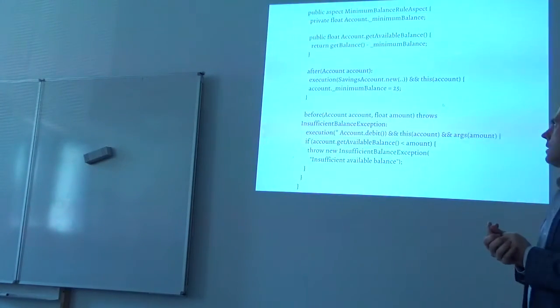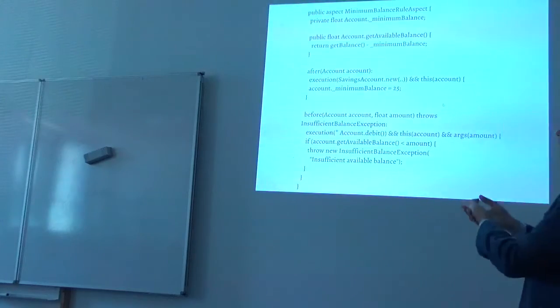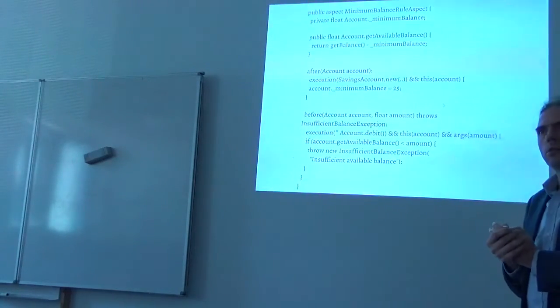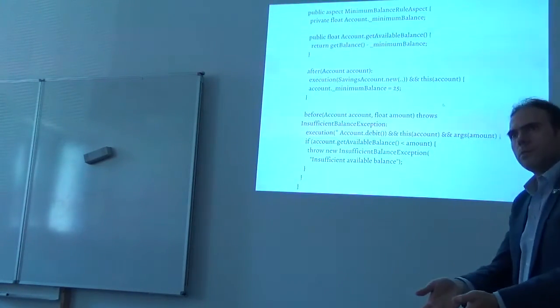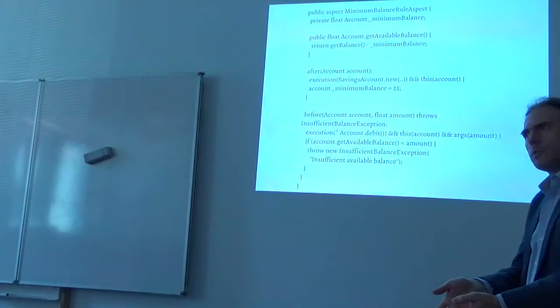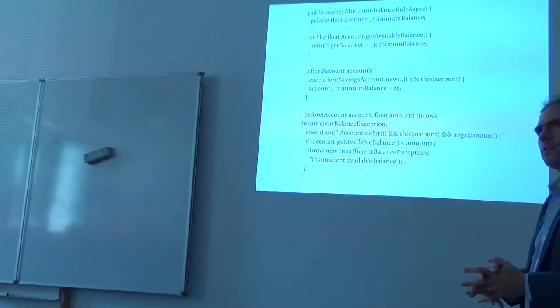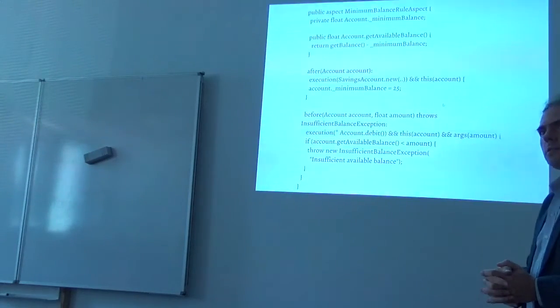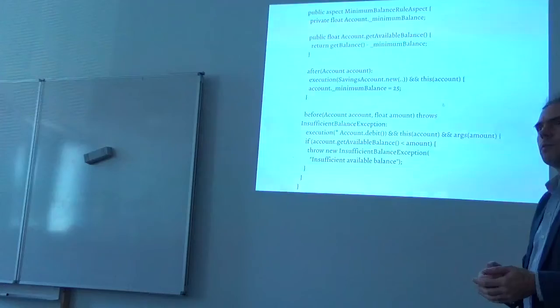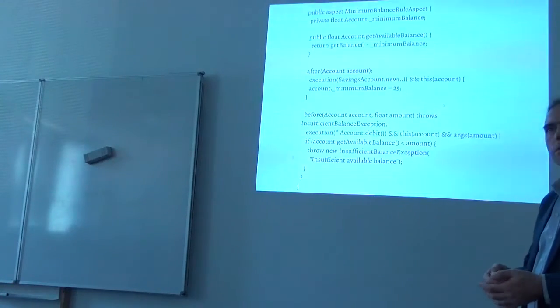The other thing is that how do you know this aspect is applied to your code? You don't see it in the code that is being affected. You don't see it, so you lose confidence. You can't see all the things in your code. But how is it with polymorphism? Again, the same thing.